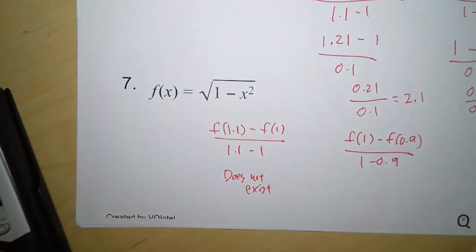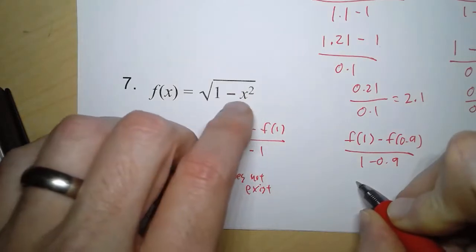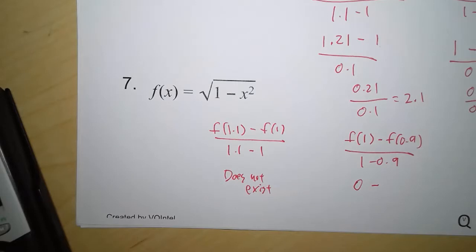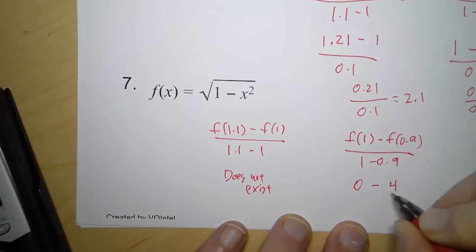Now for sake of completion, we'll finish this off and find the value of 1. So if we plug in 1, 1 minus 1 is 0. If we plug in 0.9 squared minus 1, we get 0.19 under the radical, so that's 0.43.